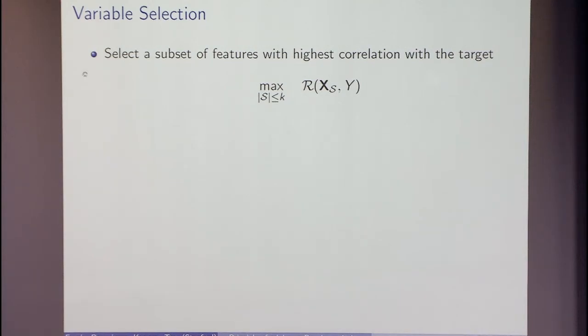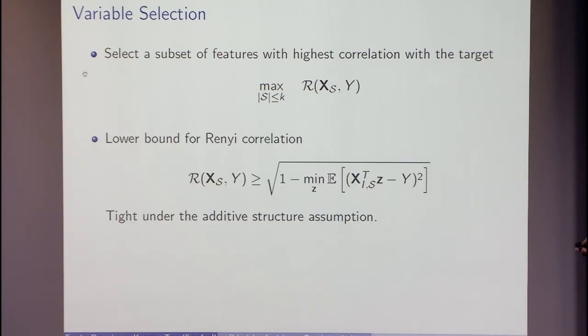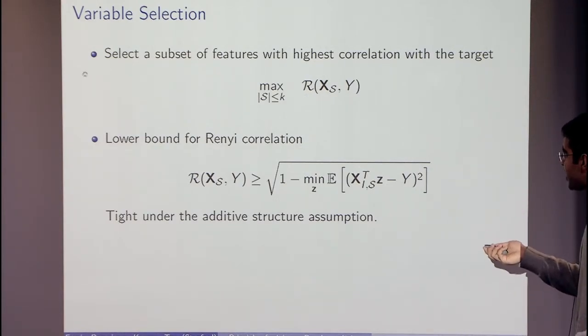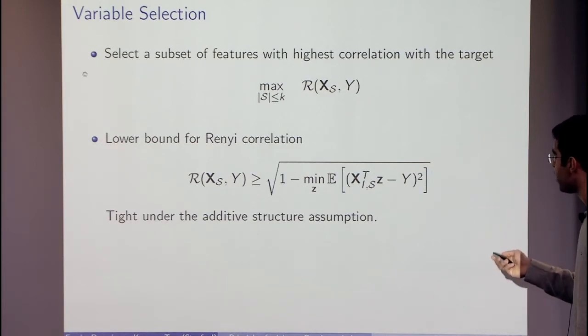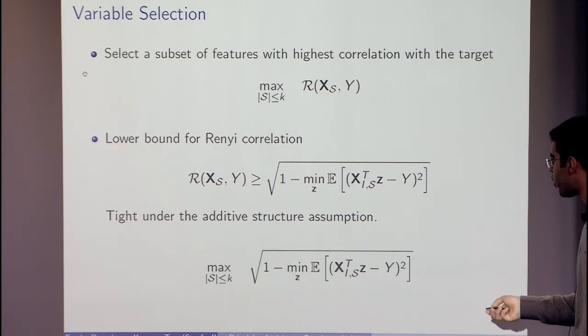Okay? So our work proved this lower bound for Renyi correlation, and we know that it can become tight under the additive structure assumption. So we have this lower bound. So one may say, instead of having Renyi correlation here, I may maximize this lower bound, which can become tight.